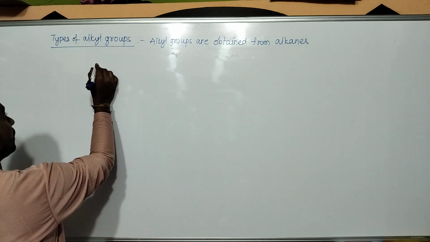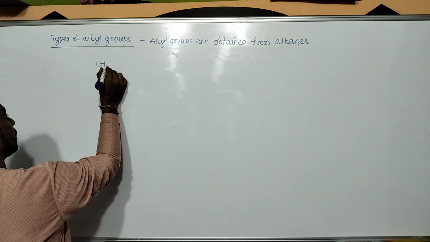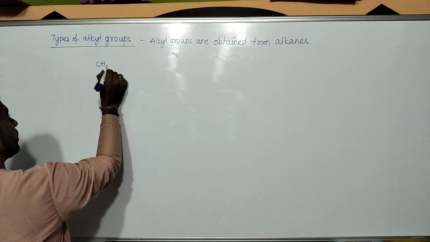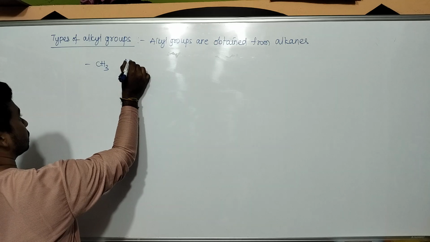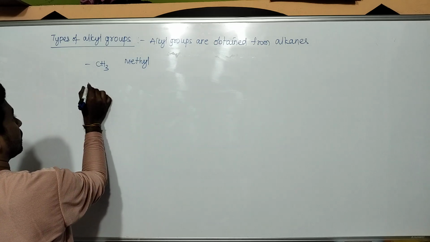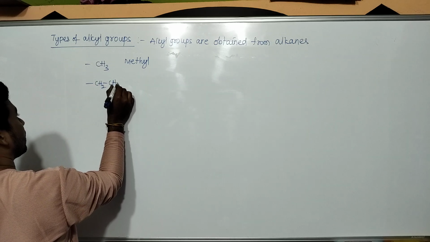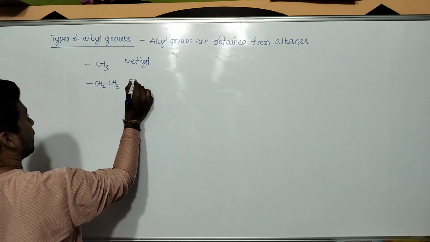So CH4, methane. By removing one hydrogen it becomes methyl. This is the methyl group. CH2CH3 or C2H5, both are correct. It is ethyl.